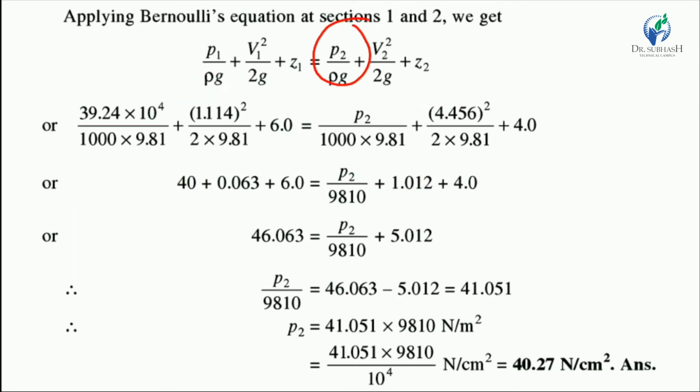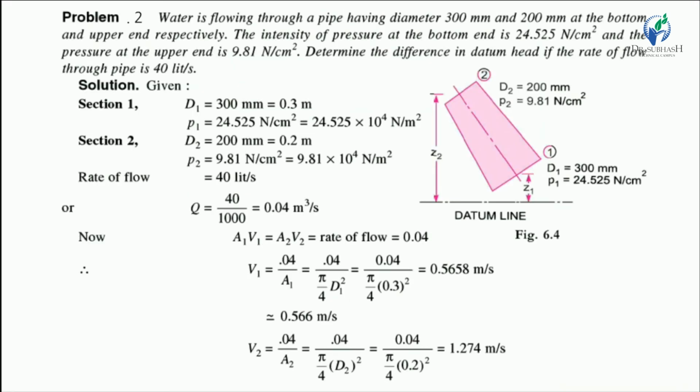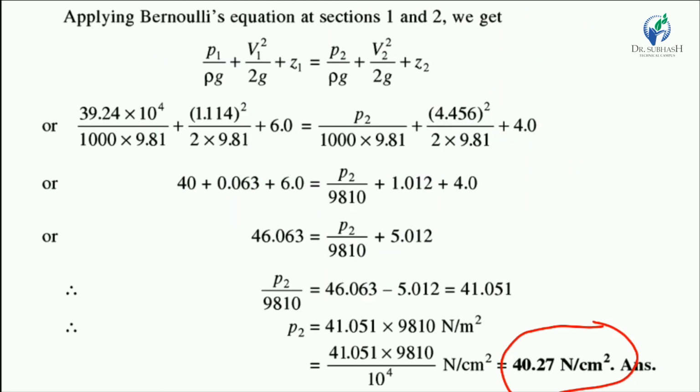Only P2 is unknown, so we can get the value of P2 after solving this. P2 is 14.27 Newton per centimeter square. We get the value by Bernoulli's equation.